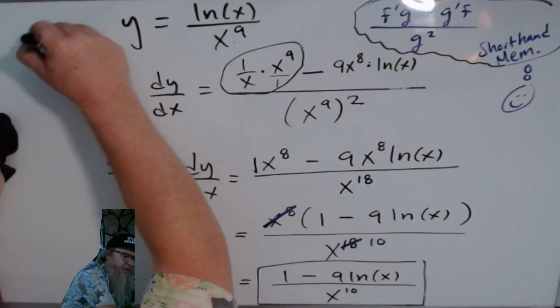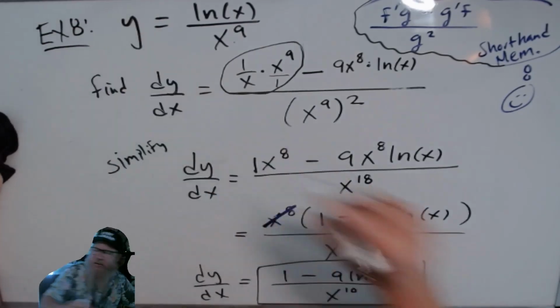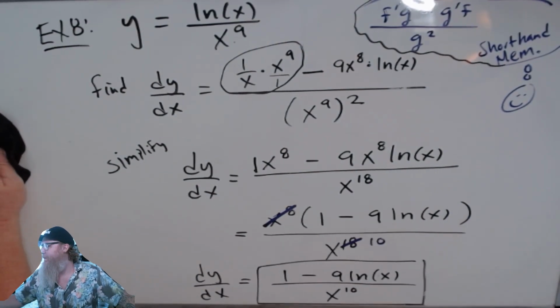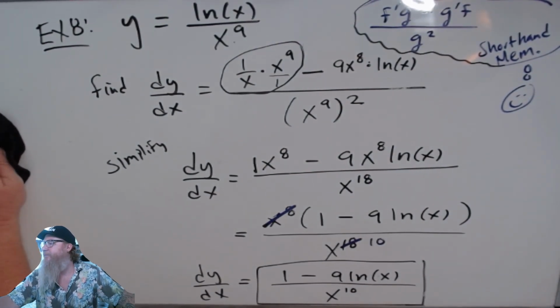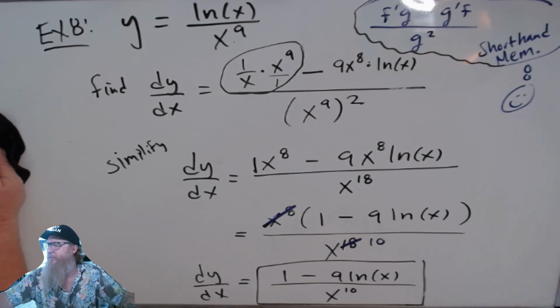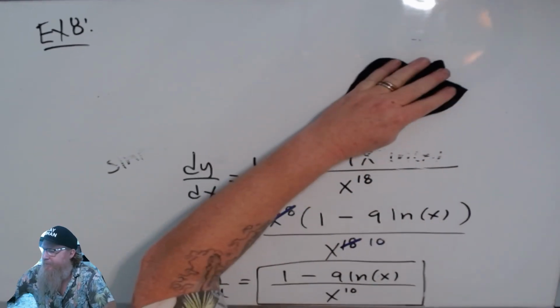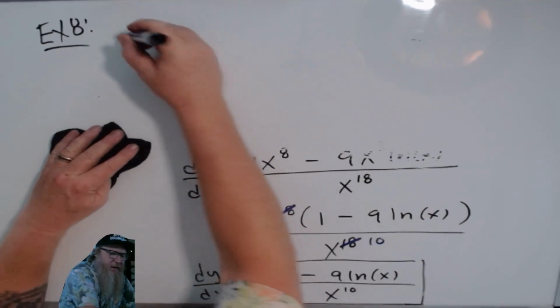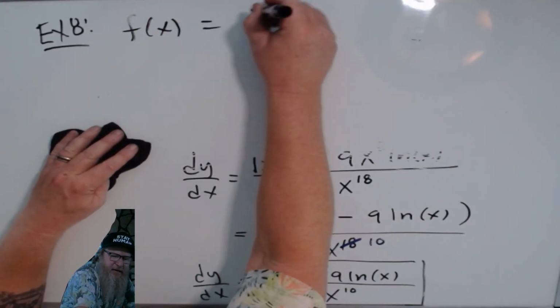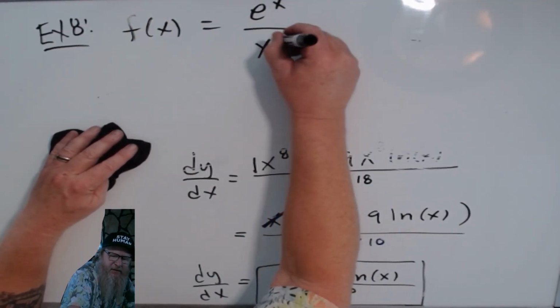So example 8. f of x is e to the x over x to the 4th.